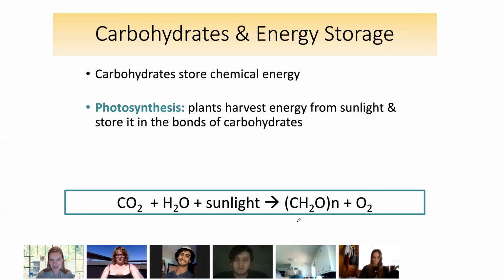And I think it was, let's see, who was it? Was it Olivia? You and I were talking about this, that this process isn't necessarily spontaneous. We have to put a lot of energy in. You can't just go from carbon dioxide, mixing it with water, and get sugar. That doesn't happen. Otherwise, sugar would be falling out of the sky all the time, because there's carbon dioxide in our atmosphere and lots of moisture in the air.